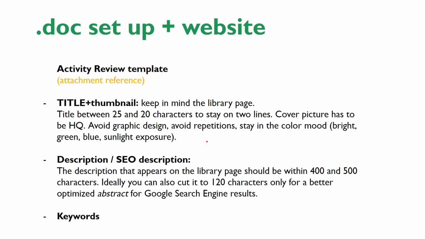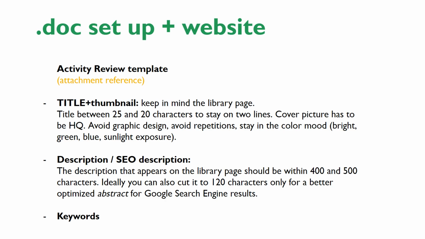So the title has to be between 25 and 20 characters to stay on 2 lines. The cover picture has to be high quality. Avoid graphic design, avoid repetitions, check out what people did before you. You don't put the same picture as the others did. Try to stay in the color mood.